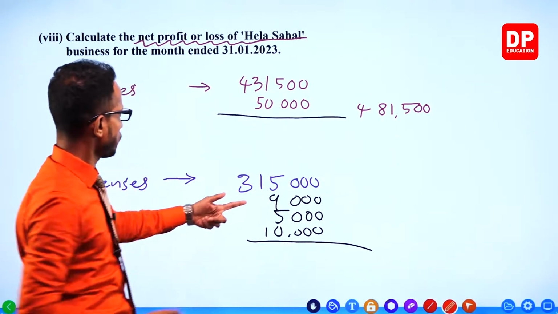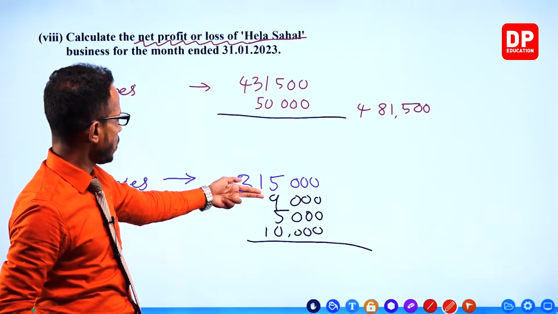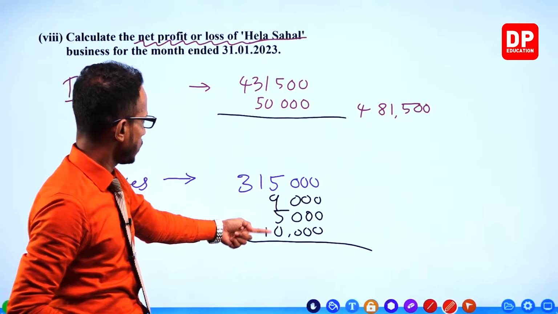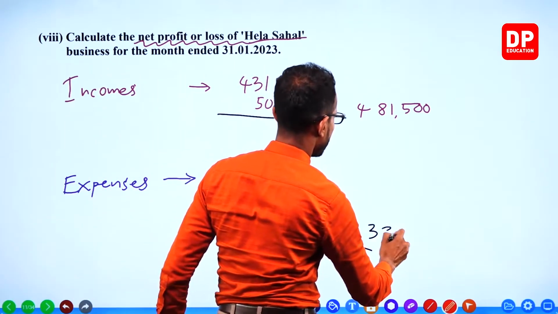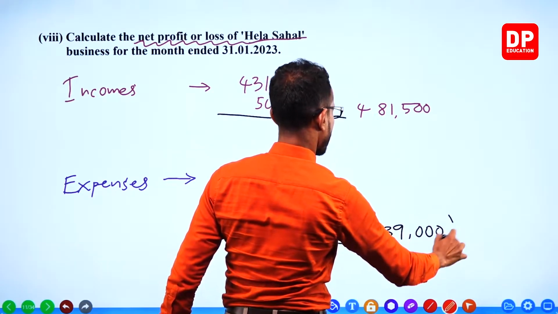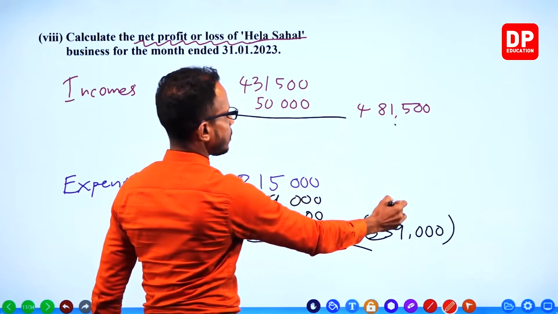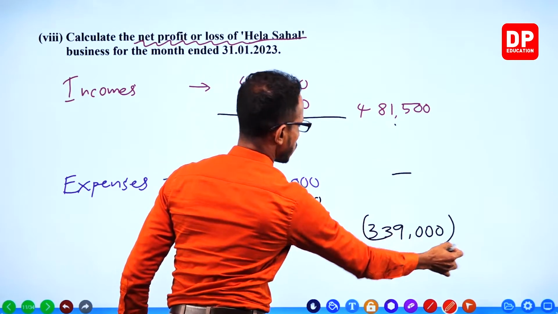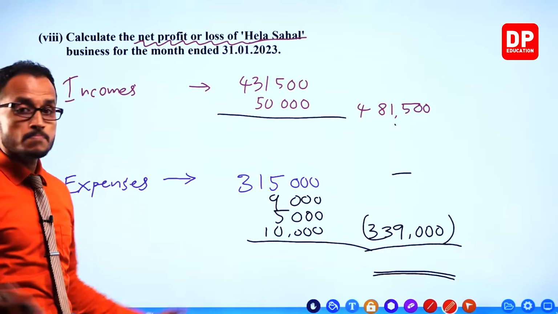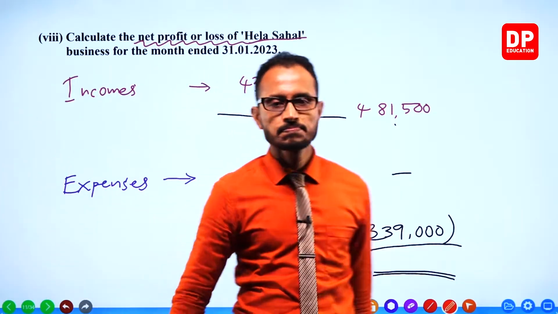How much is it? 315,000 plus 5, 320, 339,000. Income minus expenses, you get the profit. Okay. Next one.